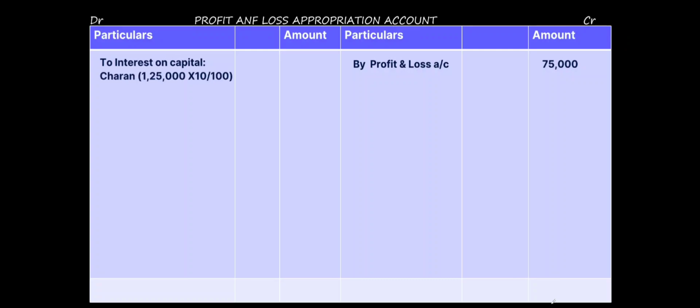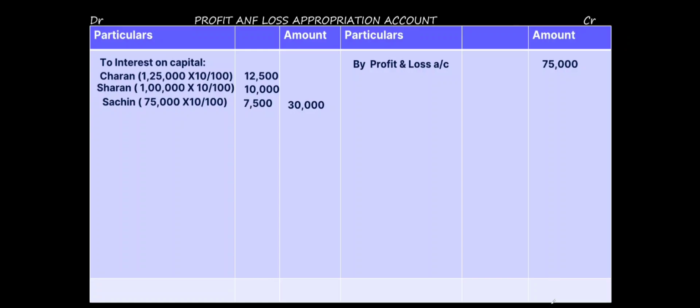First, for Charan, we had already calculated 1,25,000 into 10% will be 12,500, and for Sharan, 1 lakh into 10 by 100 will be 10,000, and for Sachin, 75,000 into 10 by 100 will be 7,500. So the total of interest on capital is 30,000.